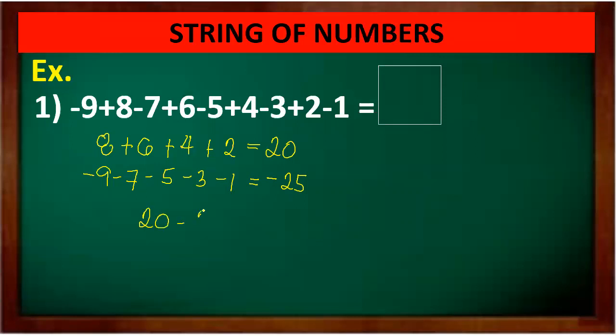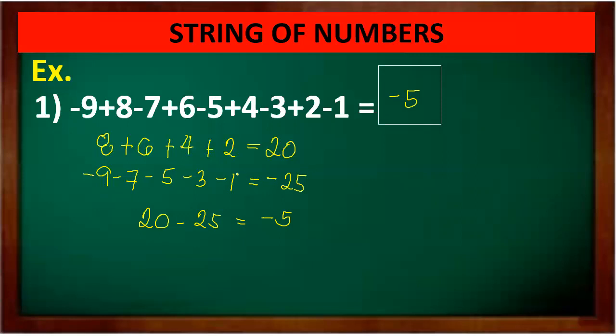So, 20 minus 25. Okay, so you proceed with subtraction and carry the sign of the bigger number. So, mas malaki si 25 kay 20. So, therefore, when we subtract 25 by 20, that will give you 5 and the sign is negative. So, our answer here is negative 5. Okay? So, pwede nyo gawin ito straight. Hanapin nyo lahat ng positive, hanapin nyo lahat din ng negative.